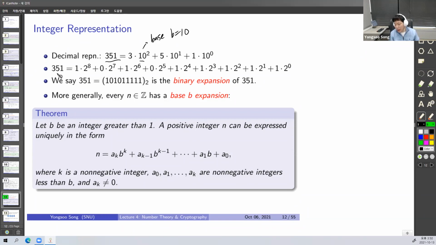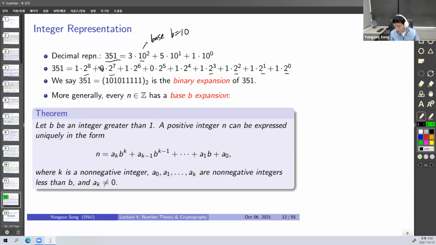So for example, the same integer can be represented as a sum of powers of 2. You can see here powers of 2 from 2 to the 0 to 2 to the 8, while the coefficient in front of each power of 2 is either 0 or 1.